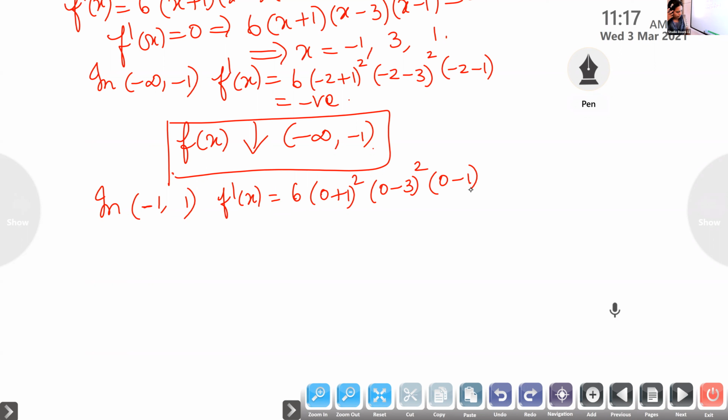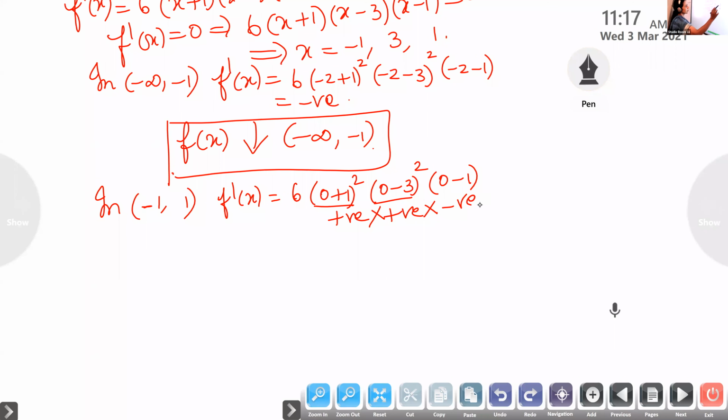This one is also positive, we are squaring it. But what about the last term? It will be negative. We don't want the value, only the sign we need. Positive into negative is negative. So f dash of x is less than 0. Therefore, f of x decreases in the interval minus 1 to 1.